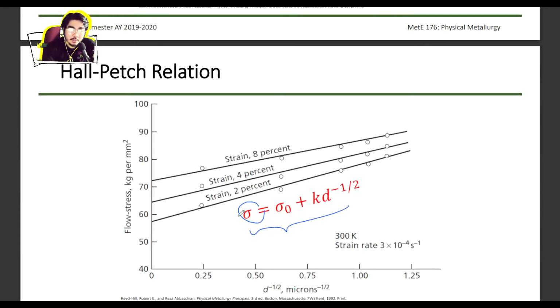So if you have sigma, our strength is equal to sigma naught. This is the constant, the intercept.